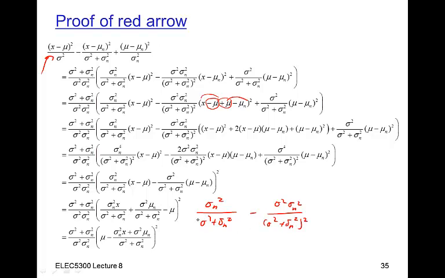So to combine these two, I need to multiply on the top and the bottom by sigma squared plus sigma n squared. And now you can see I can combine the numerators, but this sigma n squared times sigma squared will cancel with this one, and so the only thing I'll be left with is sigma sub n to the fourth, divided by sigma squared plus sigma n squared quantity squared.